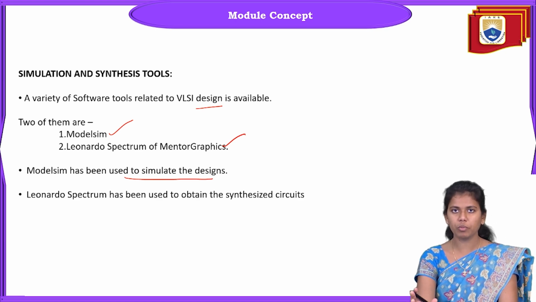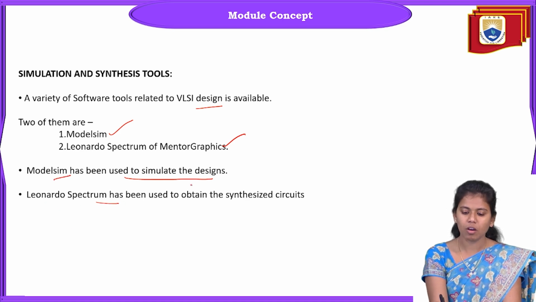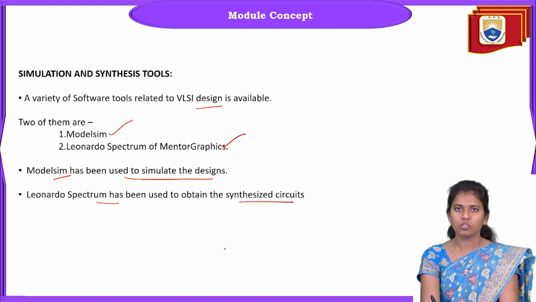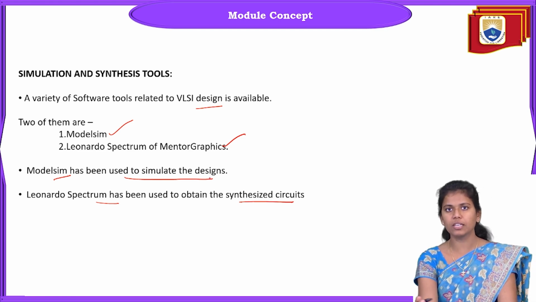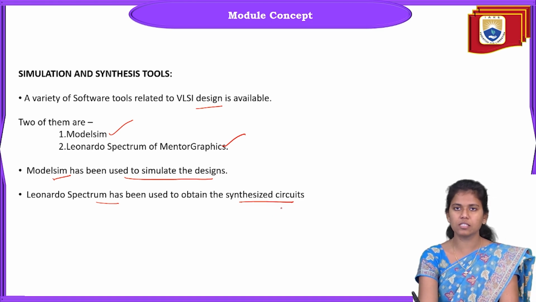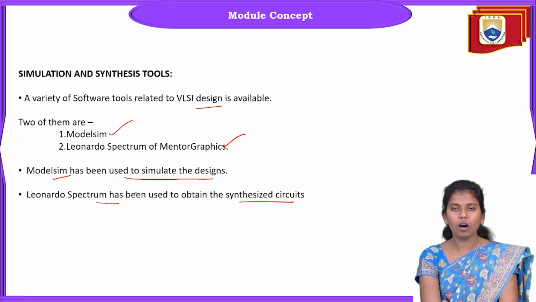In order to simulate the designs of a module, we go for the ModelSim software. Leonardo Spectrum of Mentor Graphics is used to obtain the synthesized circuits. So to simulate the design we go for ModelSim, and to synthesize circuits we go for Leonardo Spectrum of Mentor Graphics.